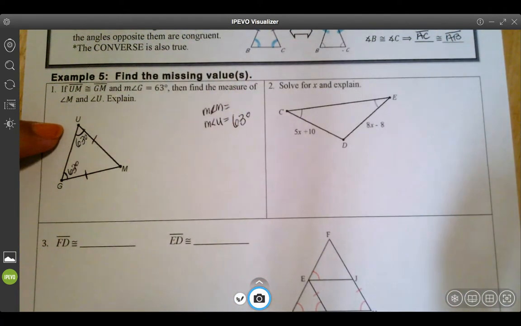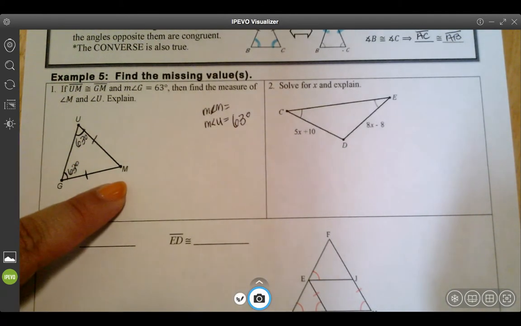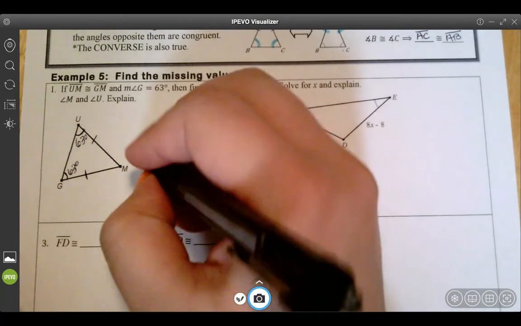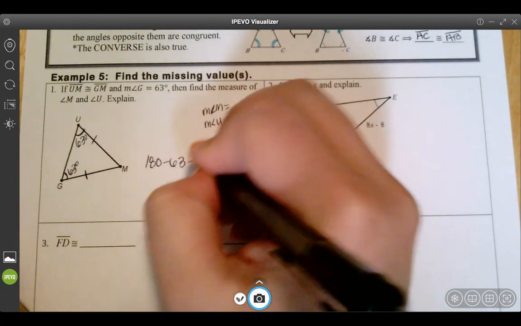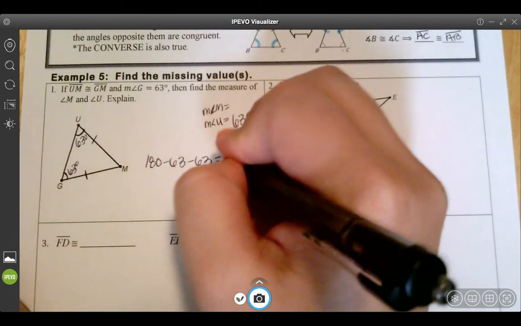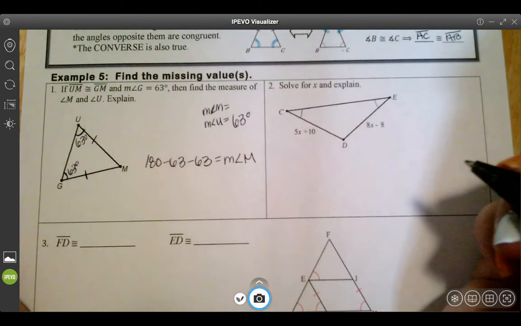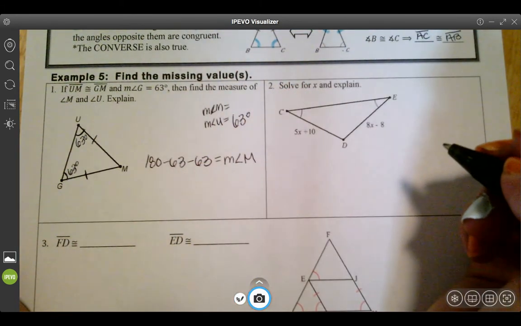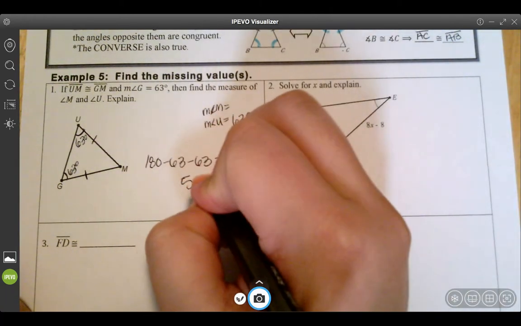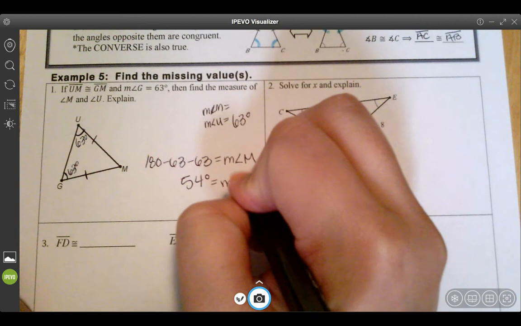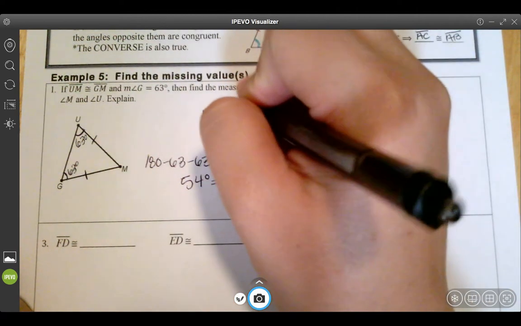So now we need angle M. Well, if we have two angles in a triangle, we can always find the third by the triangle sum theorem. So 180 minus 63 minus 63 equals the measure of angle M. 180 minus 63 minus 63 gives us 54 degrees as the measure of angle M.